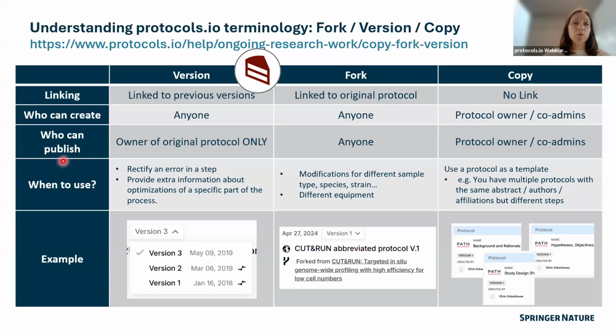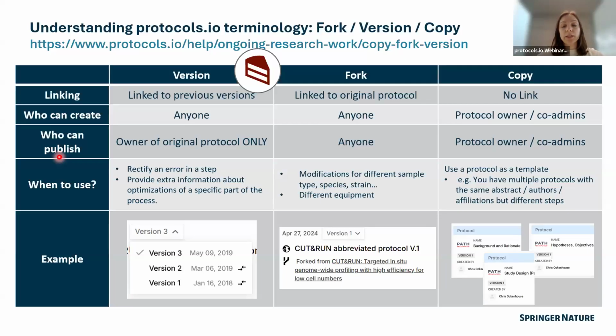So only the original person who's published that protocol can publish a new version. And some of the reasons that you might want to do this in protocols.io is if you're rectifying an error in a previous step, or providing additional information, or as I was talking about with the recipe, making that protocol new and improved and better.